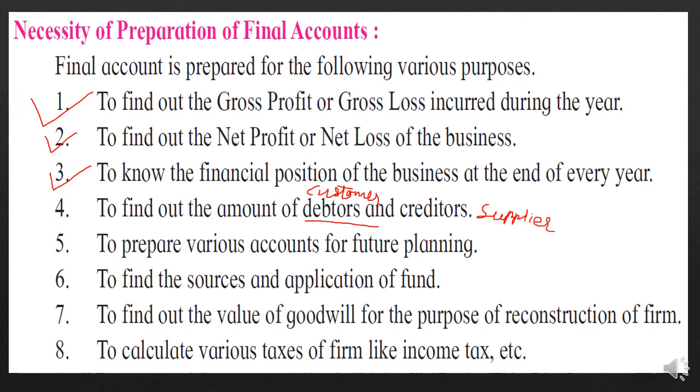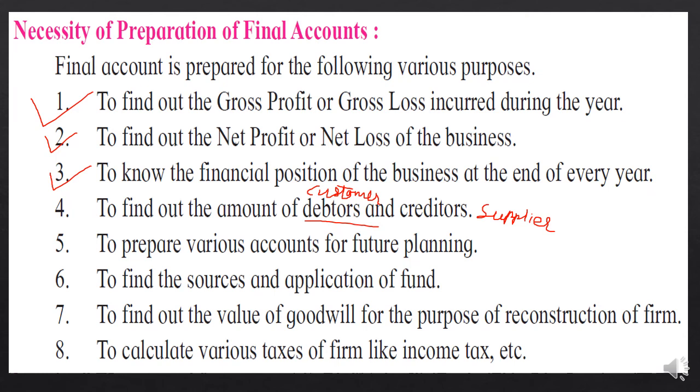So to know the balance of these accounts or the total of these items, we need to prepare the final account. Fifth one is to prepare the various accounts for future planning. According to the current performance and current result, the future can be planned.